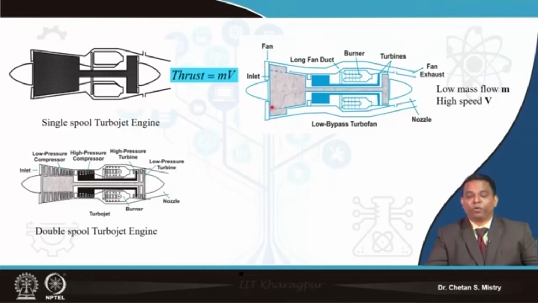Here if you look, we have the fan. This is my fan, this is my HP compressor, this is my HP turbine, and this is my LP turbine. So this gives me high mass flow rate and lower velocity at the exhaust, and that gives me the requirement of my thrust.